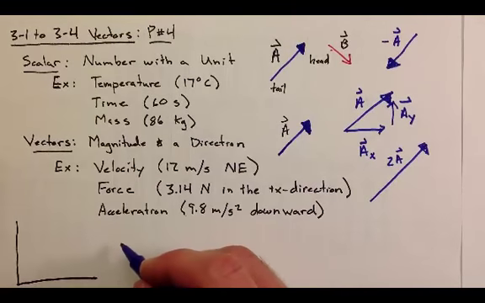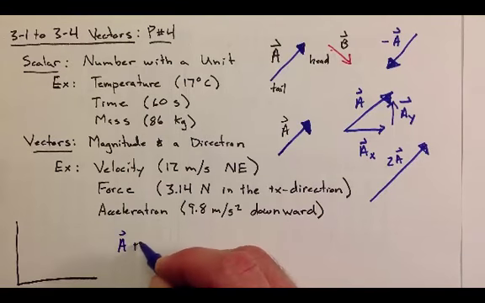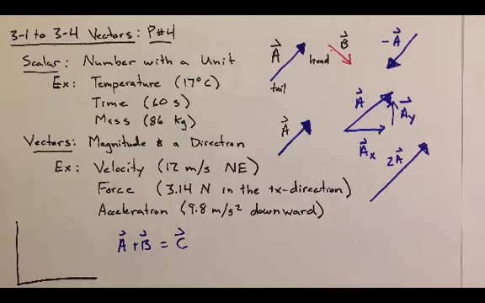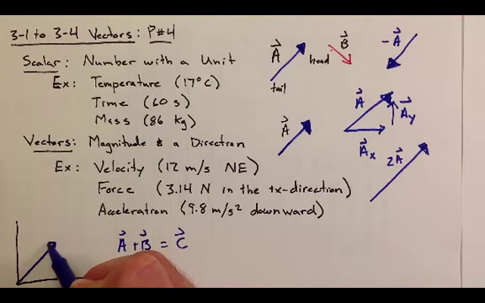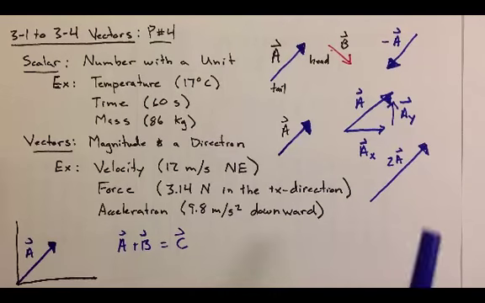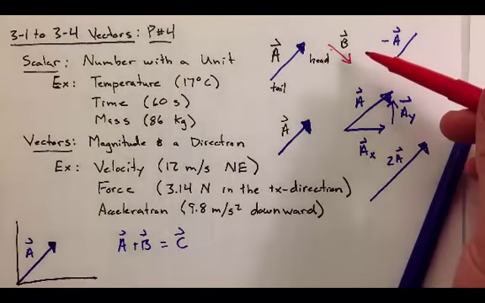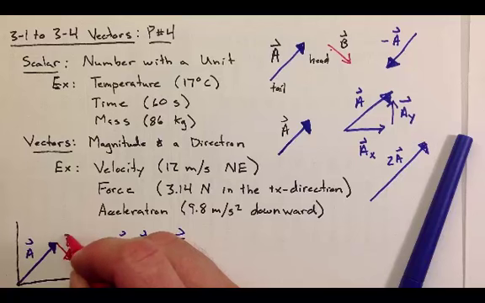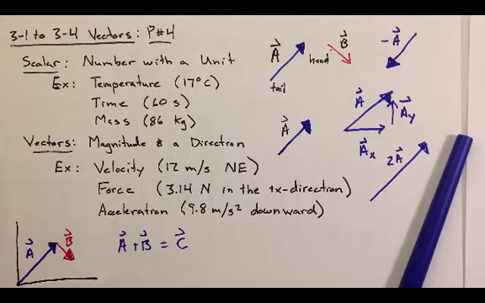If I want to figure out what A plus B is equal to, let's call it vector C. What I would do is draw in vector A at the origin. I would then take the tail of vector B and put it at the head of vector A, all right?